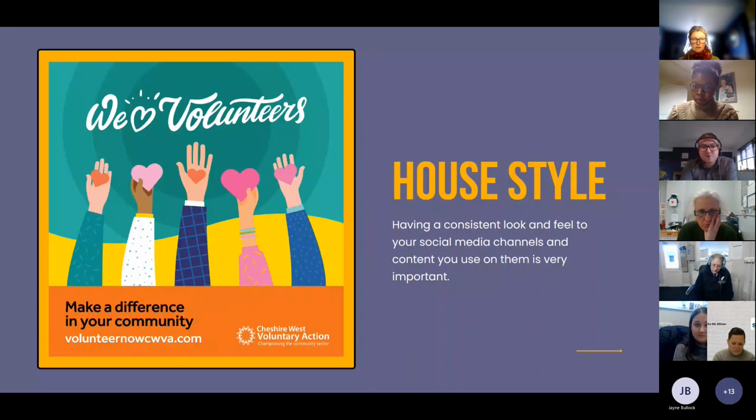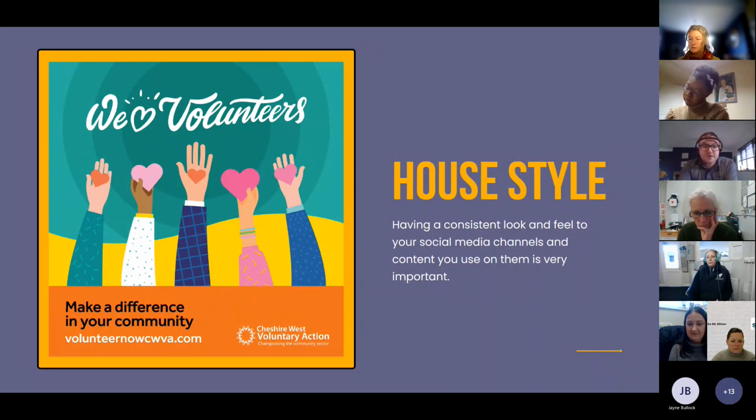Whenever you're running a campaign or project, I think having everything that you use as part of that project looking similar is really important, because at the end of the day, brand is really key. And whenever people look at your content, you want them to link it back to a campaign. So if they see your social media graphics or your flyer or your boards, they'll link it back to that campaign and think, they're talking about the volunteering campaign or whatever project you're running.